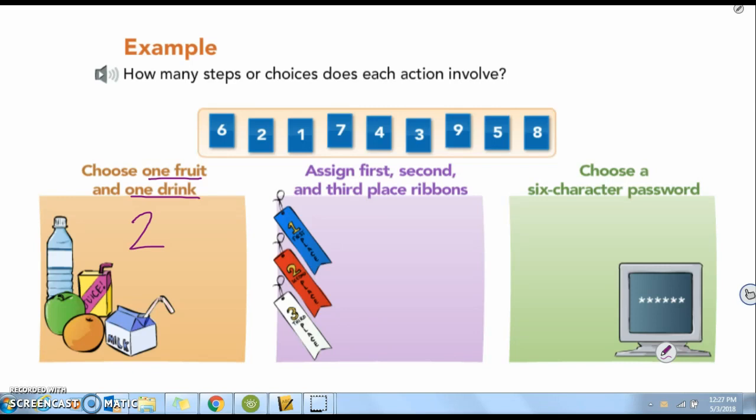The second example, assign first, second, and third place ribbons, would be a 3-step action. The third example, choose a 6-character password, would have 6 steps or choices for this action.